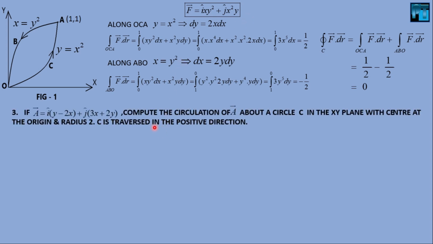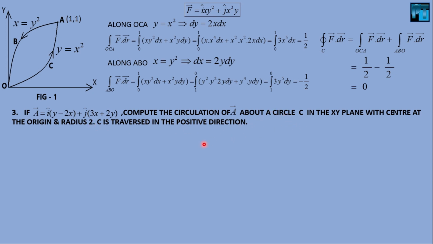A is given. Compute the circulation of A. What is the circulation of A? Simply the closed line integral of A dot dr around the curve C in the xy plane, where the center is at the origin and radius 2. Okay, it is a circle.